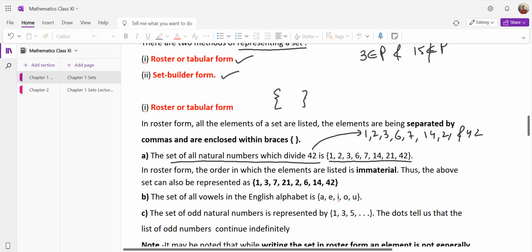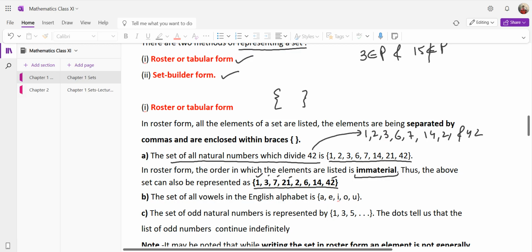Moreover, one should note that the order of the elements in a set is immaterial, meaning we can write the elements in any order. For example, I can write 1, 3, 7, 21, 2, 6, 14, and 42.